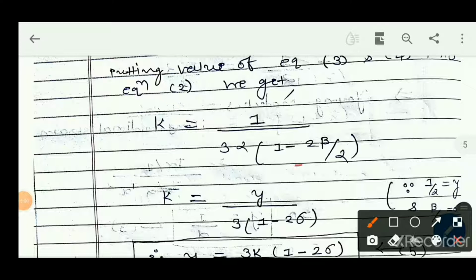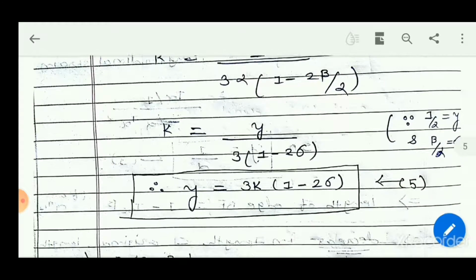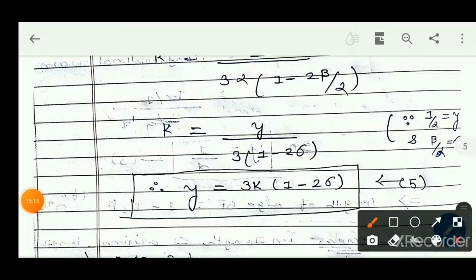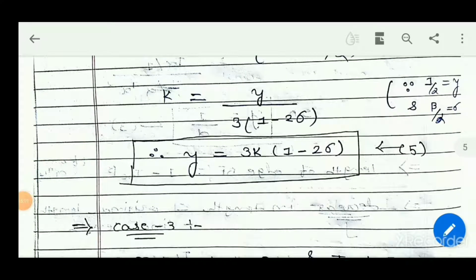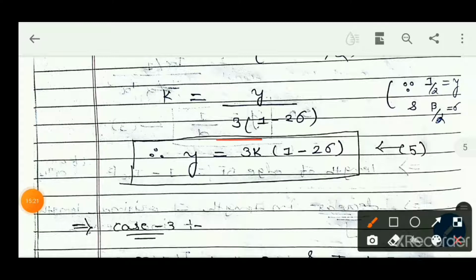So it becomes 2 into sigma, and 1 upon alpha is equal to Young modulus Y, so it becomes k is equal to Y upon 3 into 1 minus 2 sigma. So Y is equal to 3k into 1 minus 2 sigma.